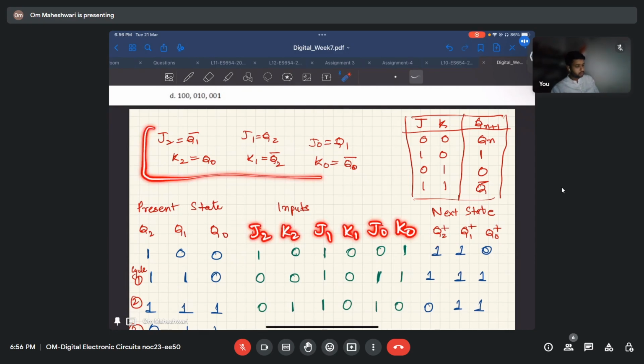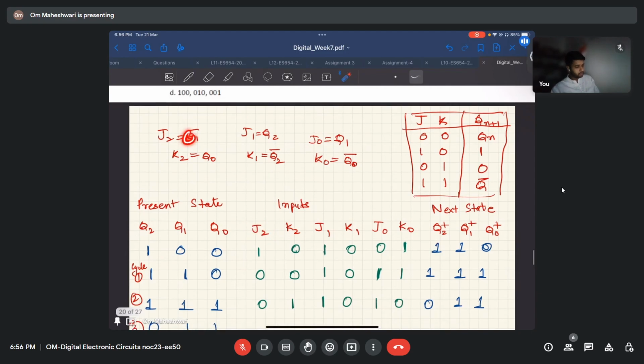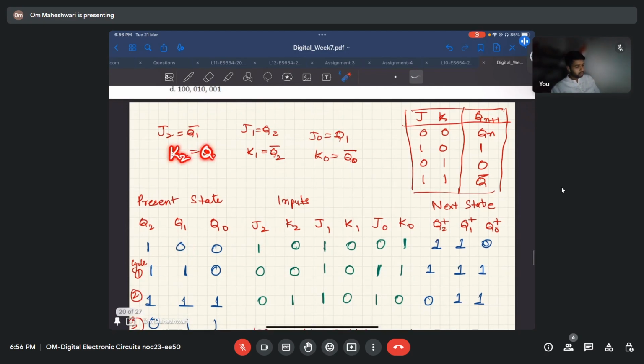We already know the equations for these. Let's say J2. J2 is Q1 bar. Q1 is 0, so J2 will be 1. K2 is Q0. Q0 is 0, so K2 will be 0.